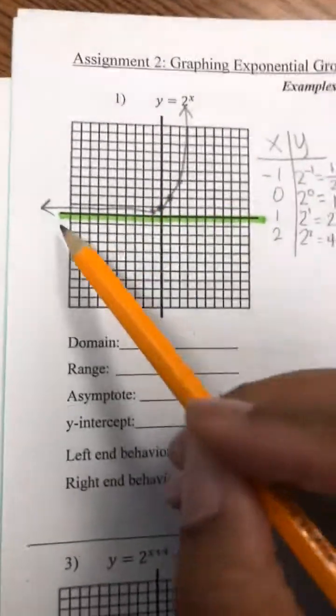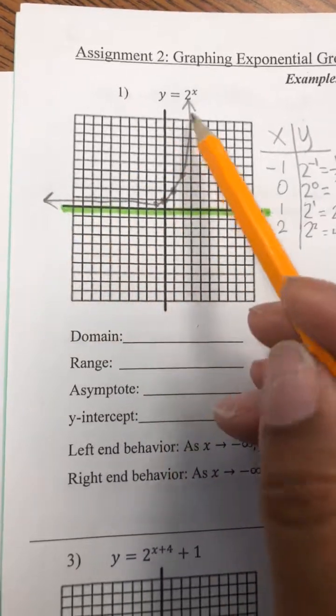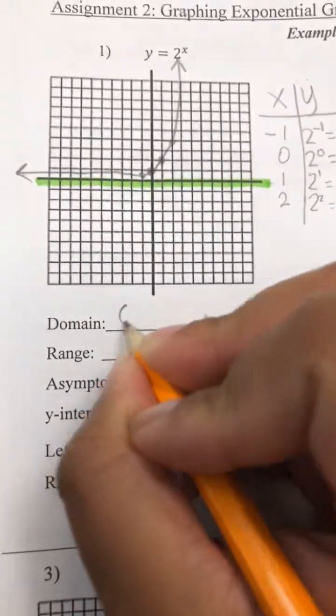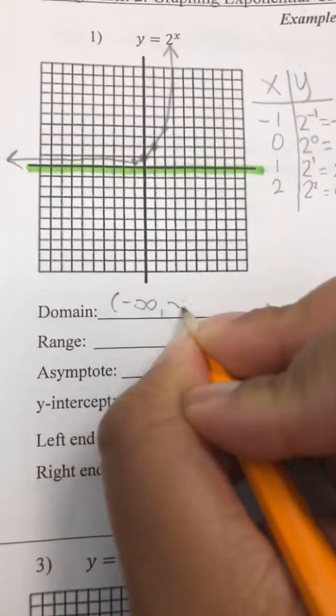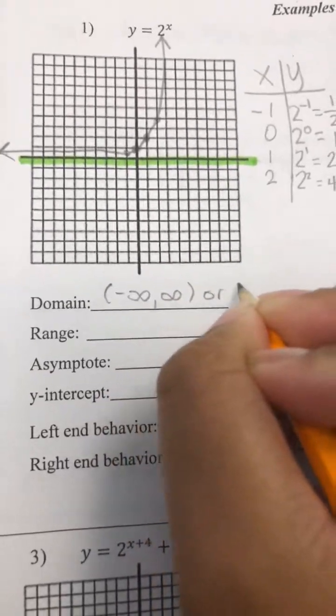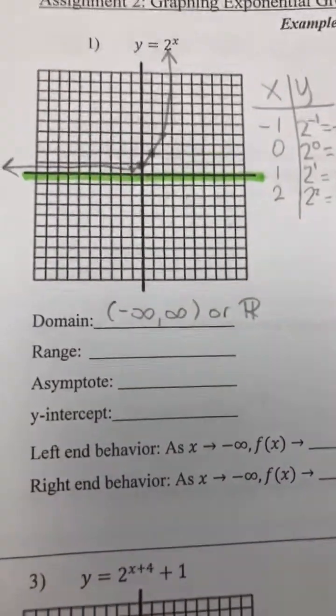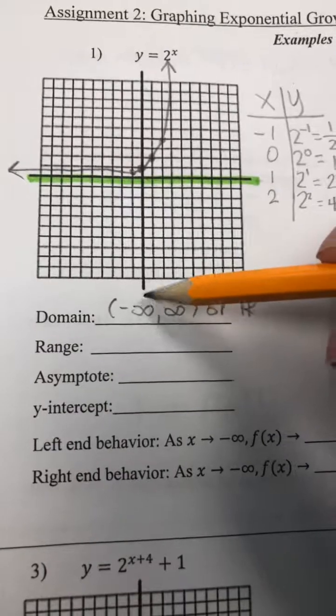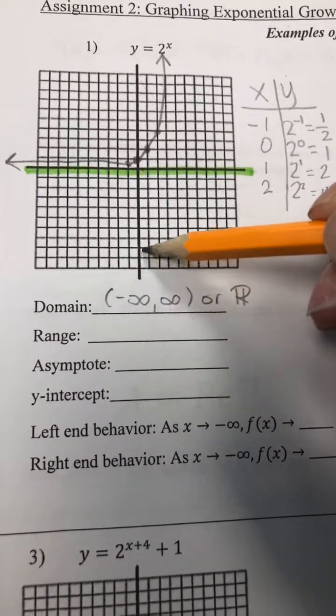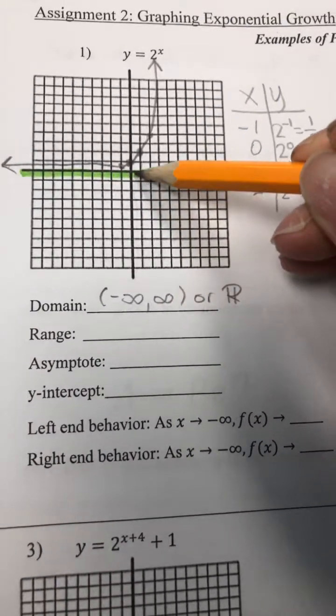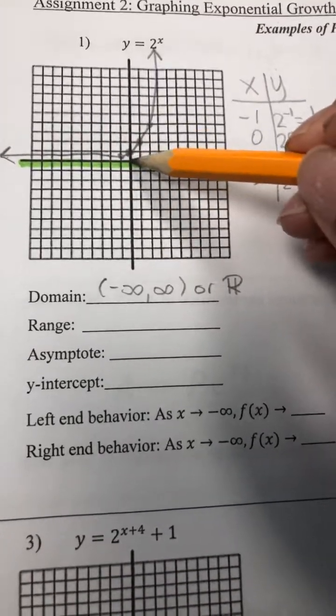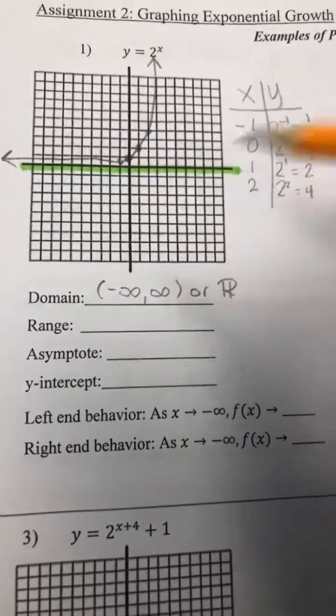So our domain, we have double arrows on the left and right, so our domain is, of course, all real numbers. Our range, if you start from the bottom, which is negative infinity, and you keep on going up, our graph gets really close to y equals 0, but it doesn't touch it.